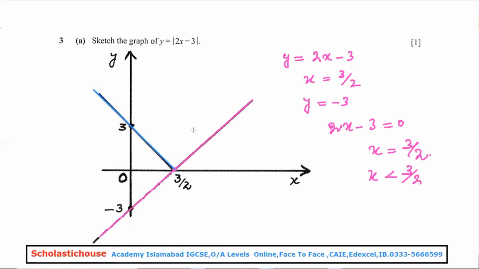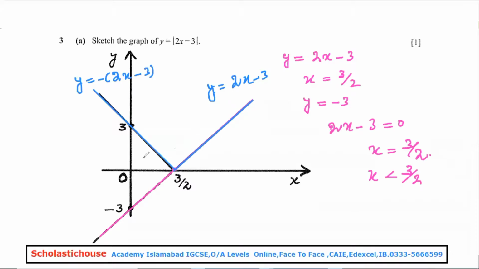So in this way, the original graph is this, in blue shade. So if I remove modulus, then this part we can write y is equal to 2x minus 3, and this part is y is equal to negative 2x minus 3.